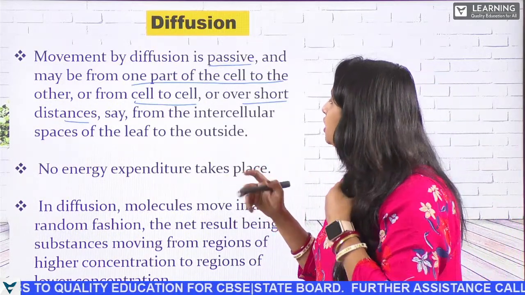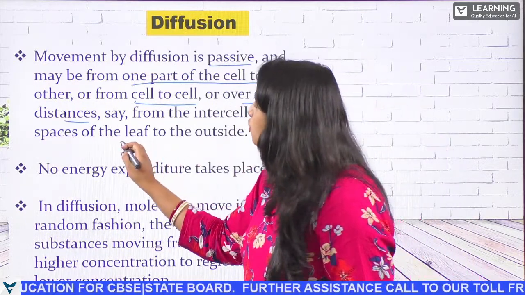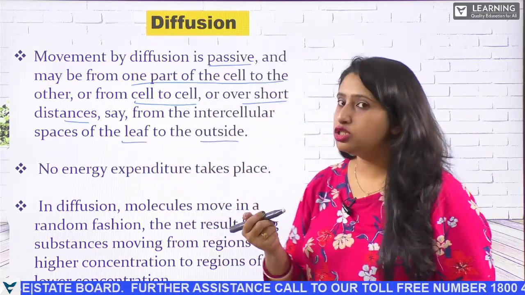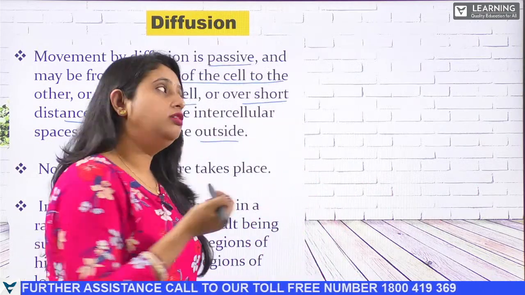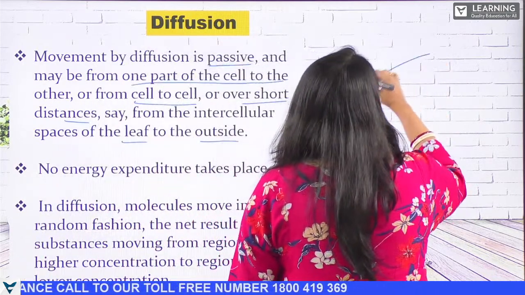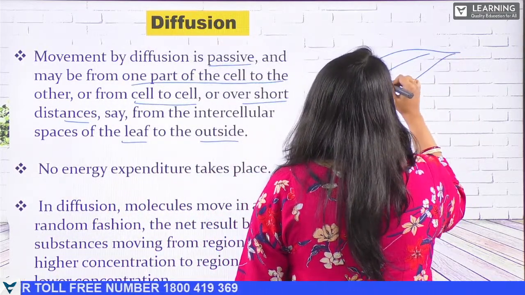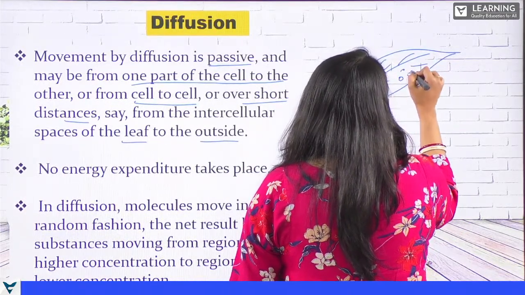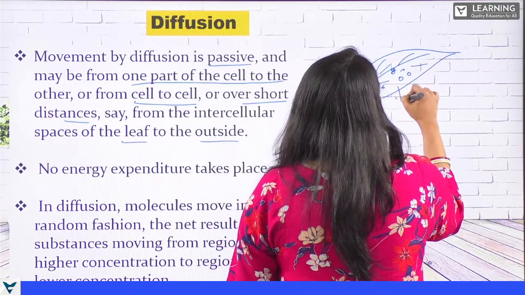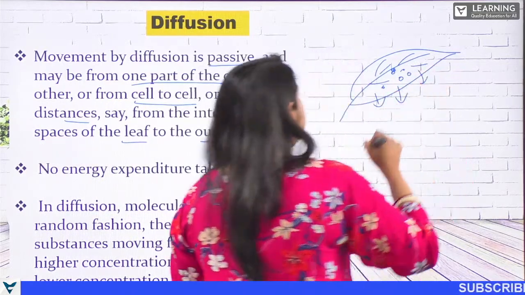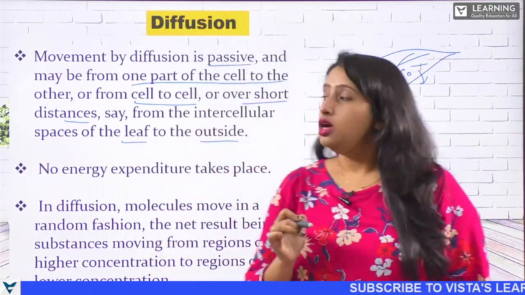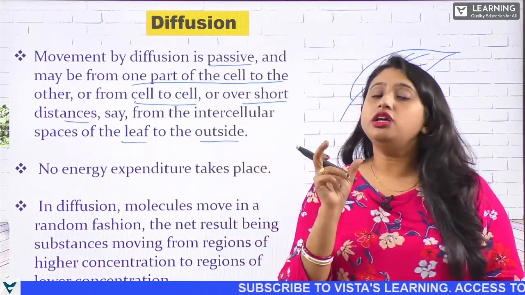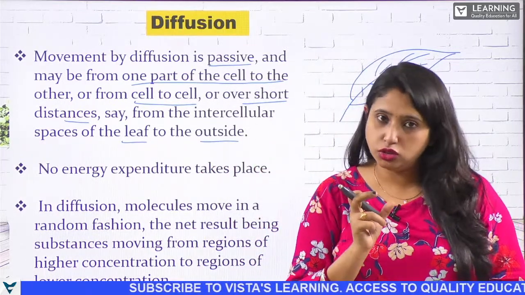So say from the intercellular space of the leaf to the outside. If this is a leaf, then from the intercellular space to the outside. So yes, it can take place within a limited space also, right?